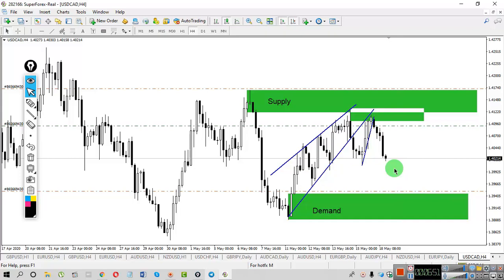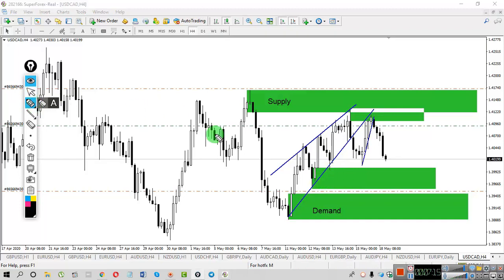So how did I set my take profit here? Let me clear this one. If I draw this demand zone, this is a tested demand zone, so market can penetrate it and can test this demand zone, which is a fresh one.